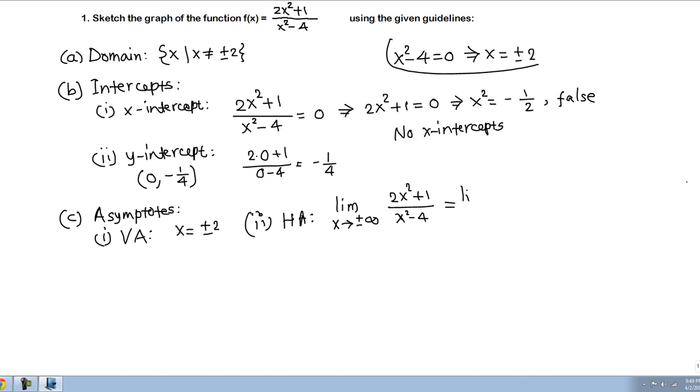This limit is the same as the following limit, as x goes to plus or minus infinity. When x is very very big or very very small, we can just write down the leading term. It only matters with the leading terms, 2x squared over x squared.